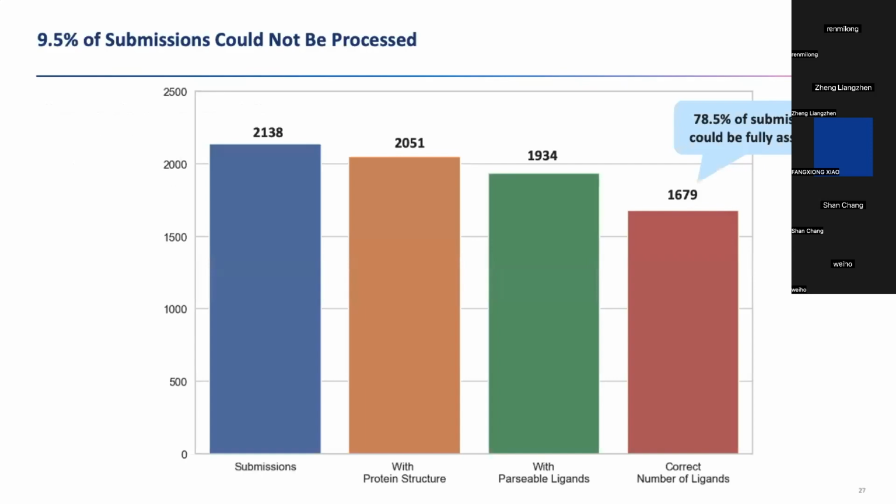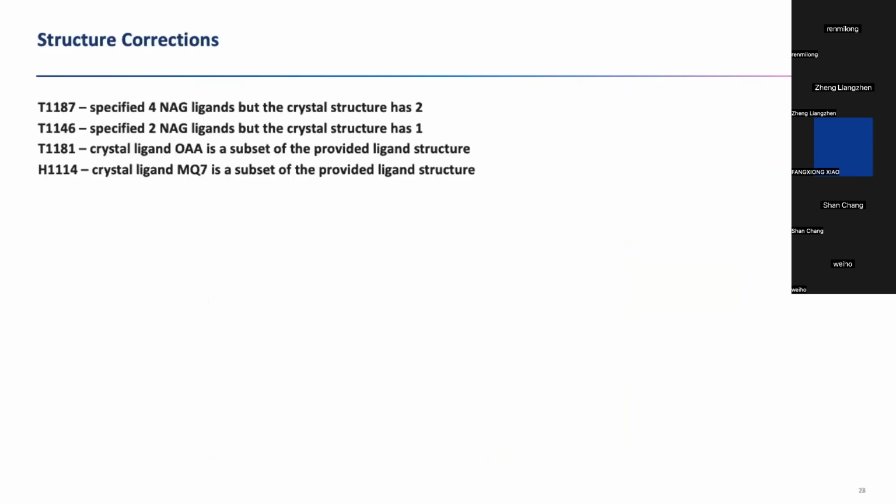It turned out that despite all of our efforts, about 10% of the submissions we just couldn't process because they didn't contain a protein, or there was something that we just couldn't fix. And then there were a lot of submissions that just didn't have all the ligands, but still, I feel pretty good. 80% of the submissions we were able to process. This is our first time doing this, so I think this is pretty successful.